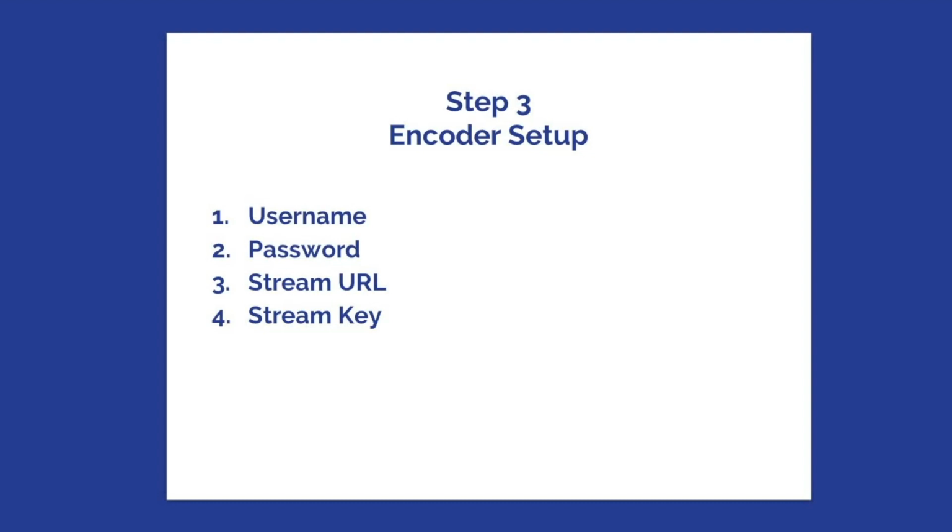And so we ask you, hey, if you really are ready to stream, we'll set up credentials for you. And so it's very simple. You just ask us, click a link, and we'll set it up for you. And we can usually do that in a very short period of time. You're going to get credentials from us, which will include a username, a password, a stream URL, and a stream key.